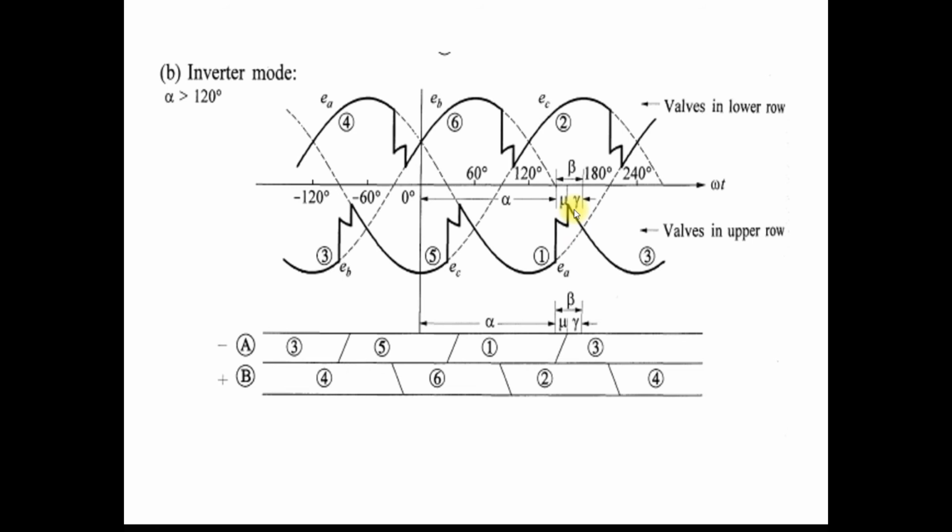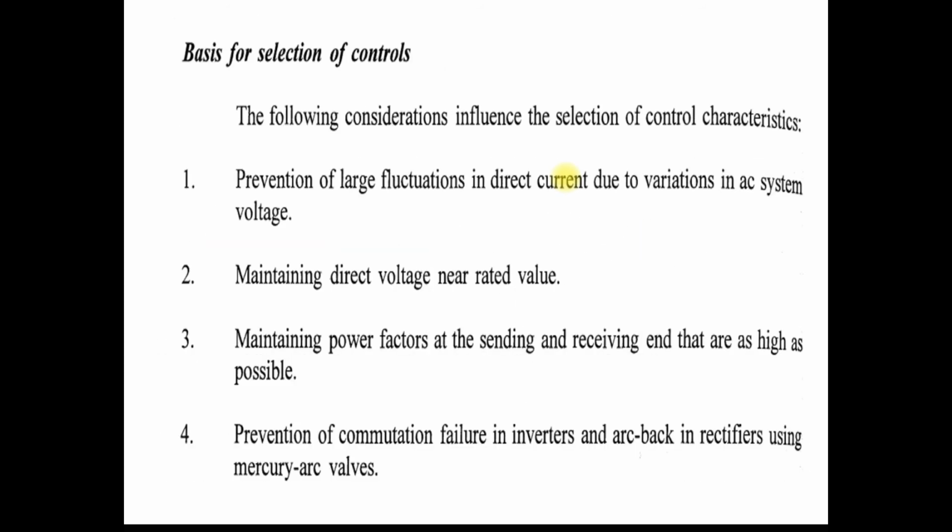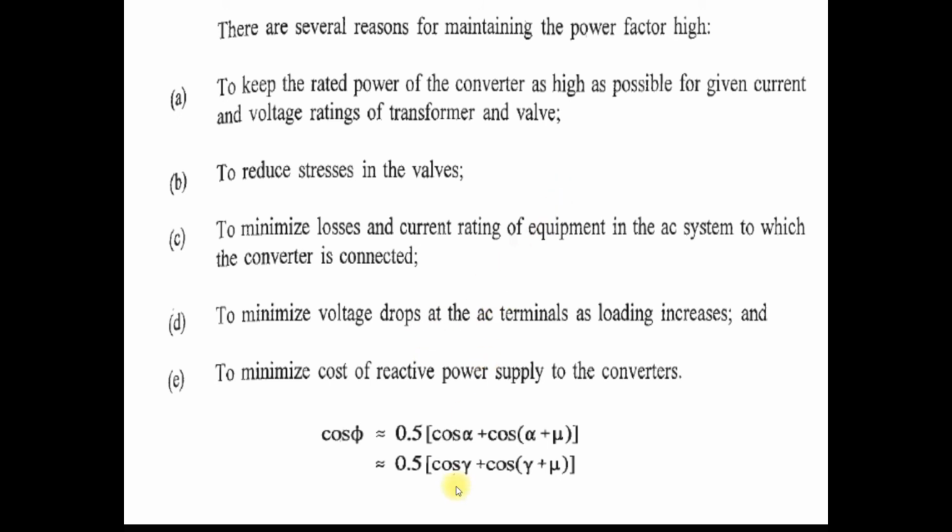The chances of commutation failure are reduced if you provide more and more extinction angle. But again, what is the reason for not providing a higher value of extinction angle? The power factor. You can see that the power factor cos phi depends upon cos gamma. If you increase gamma to avoid commutation failure, what will happen? As gamma increases, cos gamma decreases, so that will reduce the power factor.